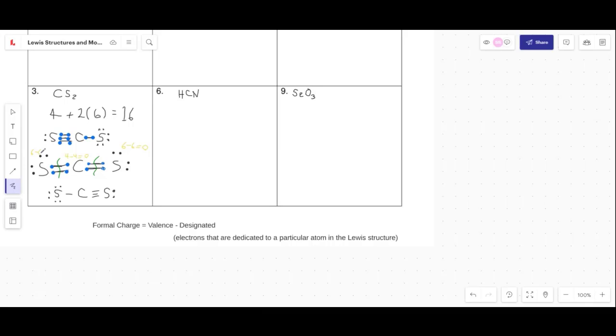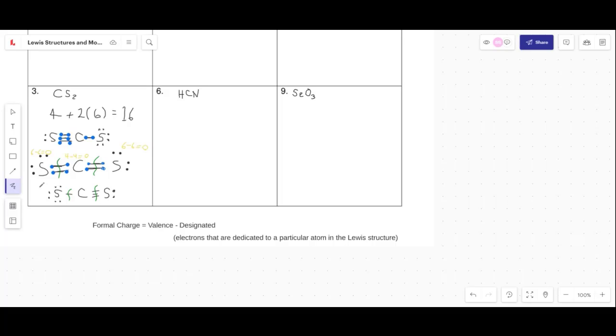So your most stable Lewis structures are going to have formal charges as close to zero as possible for all of the atoms. Okay? Close to zero as possible for all your atoms. If I look down here at this one, the one below it, and I split my bonds here.